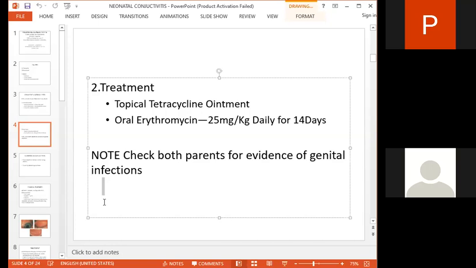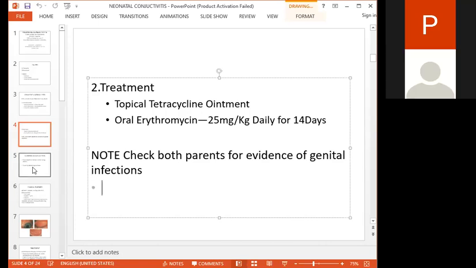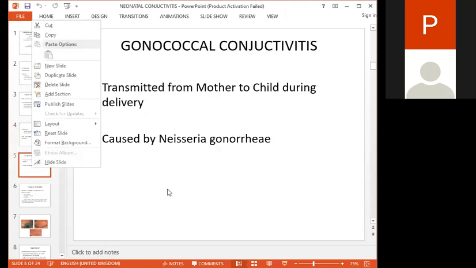Besides, you won't know who started it, because these two people are partners, they probably both have the same organisms, because they've been sleeping together. So who brought this into the family becomes a very difficult issue. And the other parent may not agree. No, it's my wife.